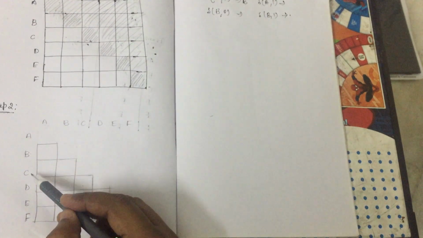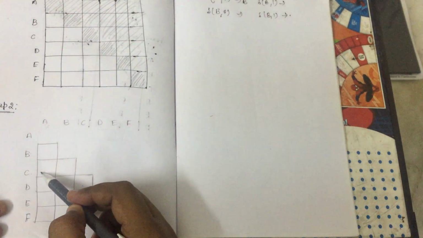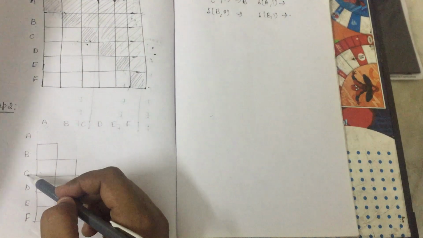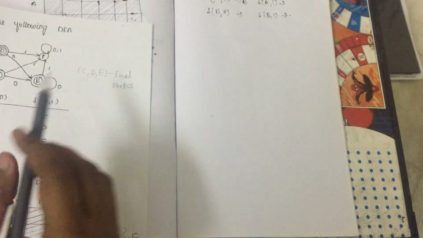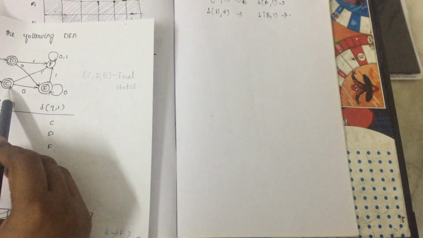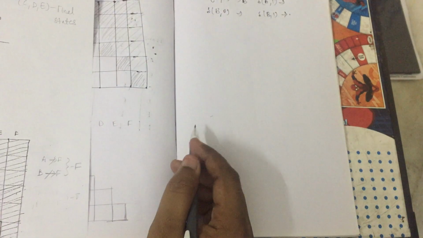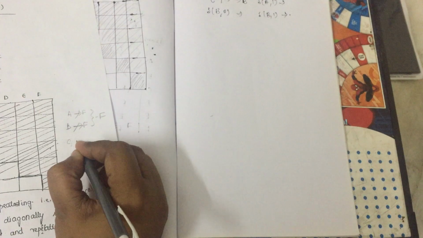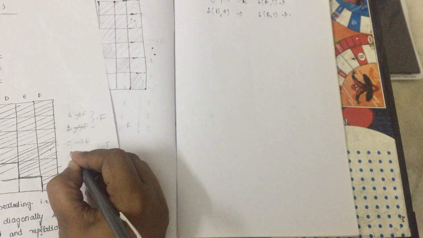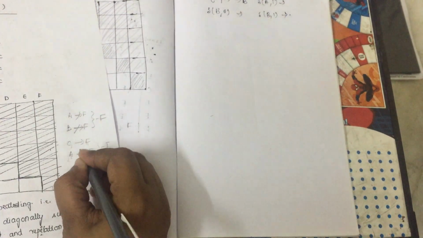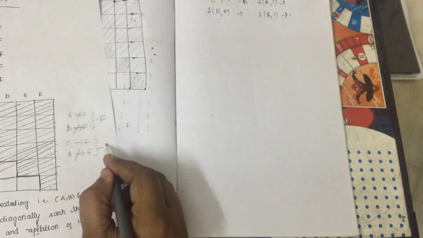Coming to the pair C and A. For the states C and A, if we observe, C belongs to the final state and A does not belong to the final state. So this condition is true.